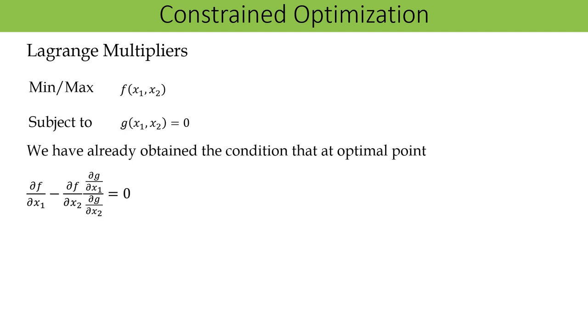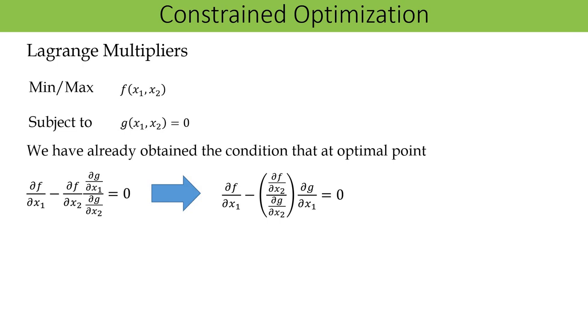We have already derived the condition at the optimal point, that is del f by del x1 minus del f by del x2 into del g by del x1 divided by del g by del x2 is equal to 0.